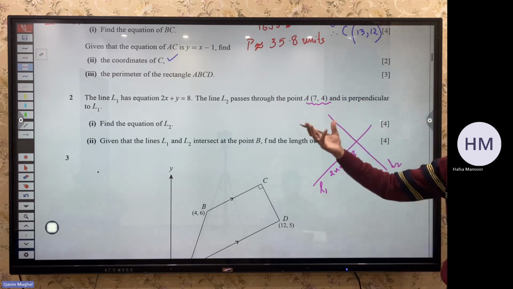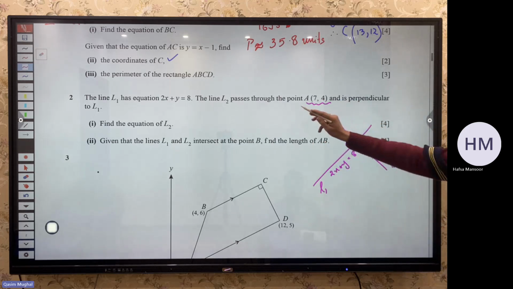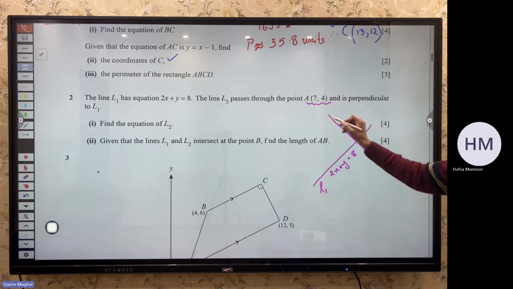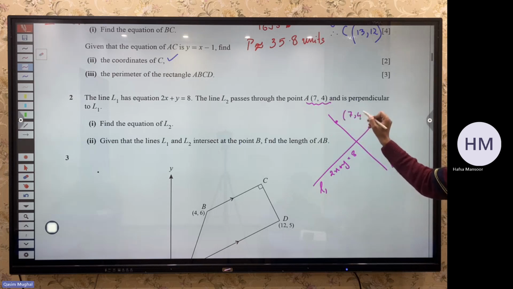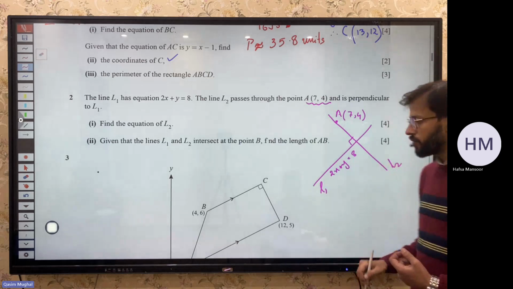So we are not going to assume that. L2 is passing through this point, so A could be anywhere on L2. So let's suppose A is over here, which is 7 4, and yes, I have drawn the two lines perpendicular. Find the equation of L2. equation के लिए क्या क्या चीजें चाहिए होती हैं आपको?